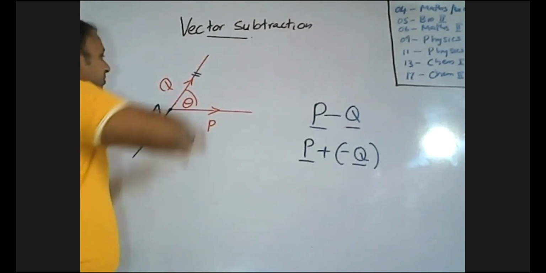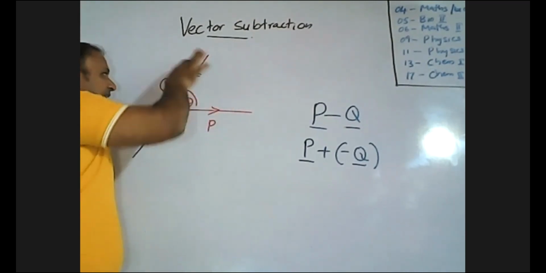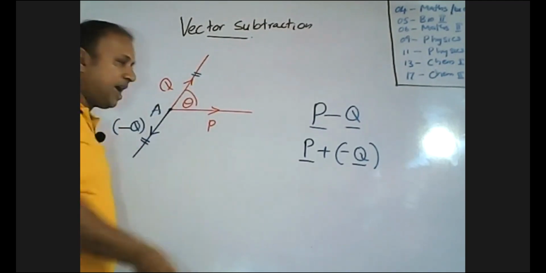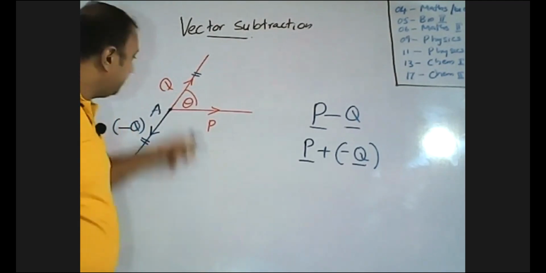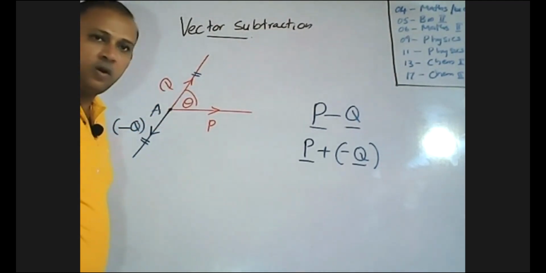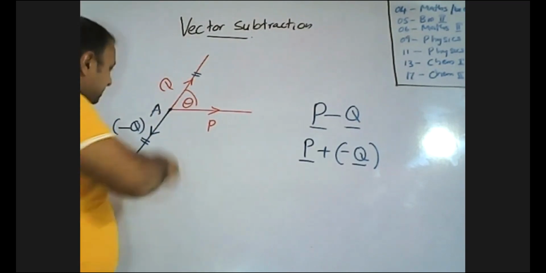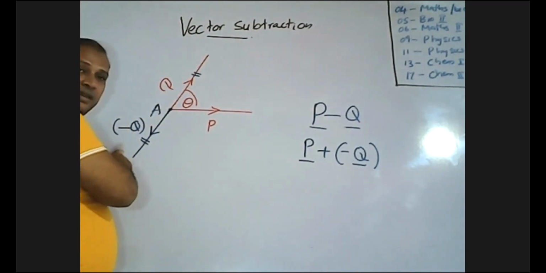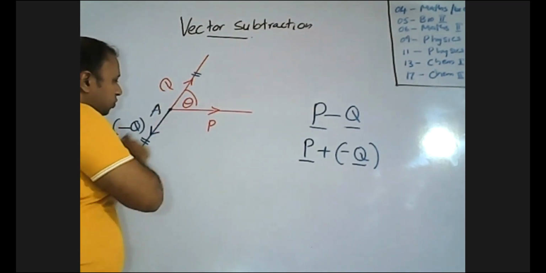Don't invert this vector. You have to subtract this vector and this vector. So don't invert this one, don't invert that one. You have to construct another vector which is the minus vector of this one, then you can add these two.